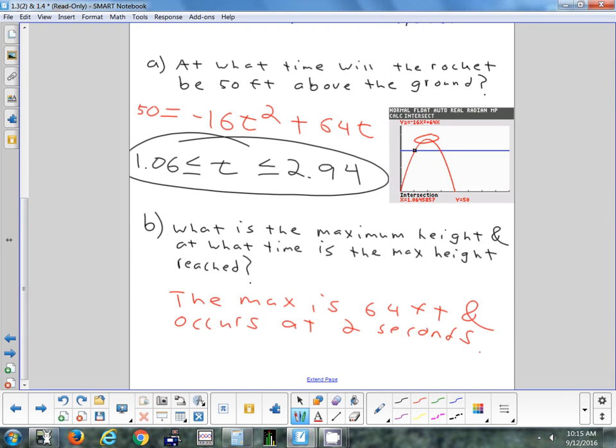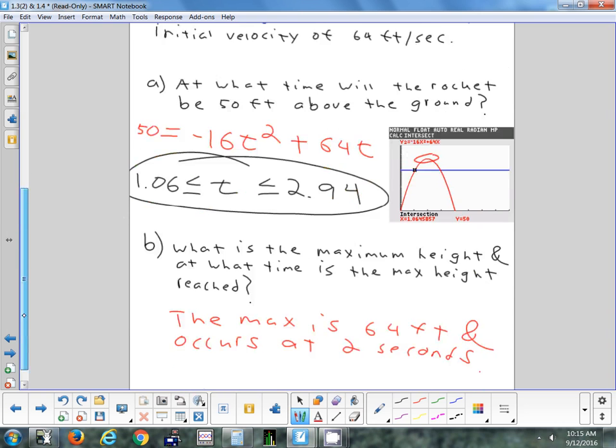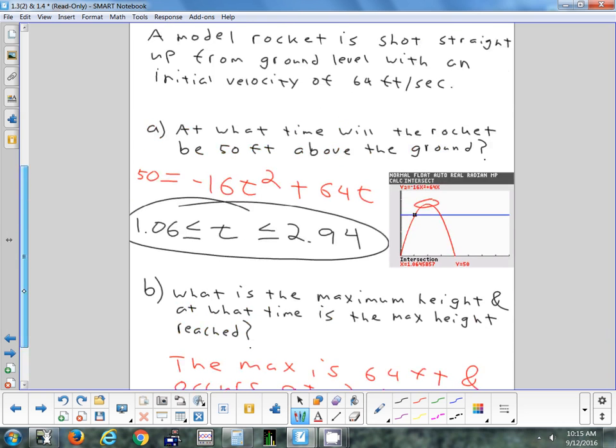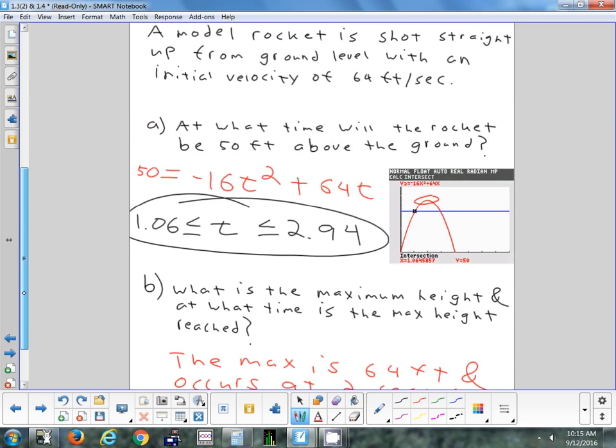There's also an algebraic way to do that, but that gets into some calculus, so we're not going to get into that. What if it says, like in the initial problem, I travel 64 feet per second, why is that 2 seconds? Velocity is at 64 feet per second, uses velocity.